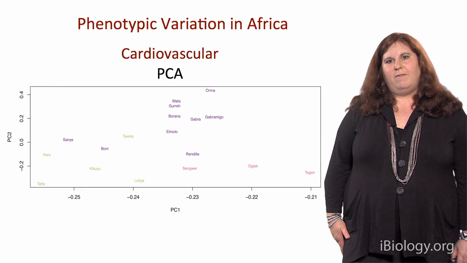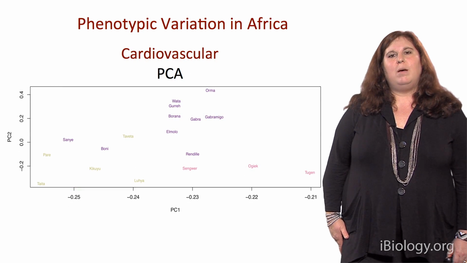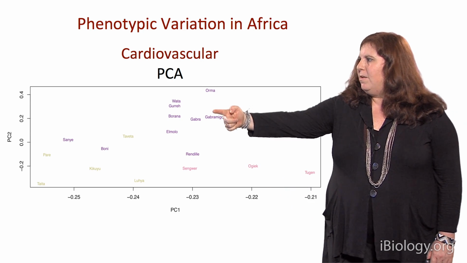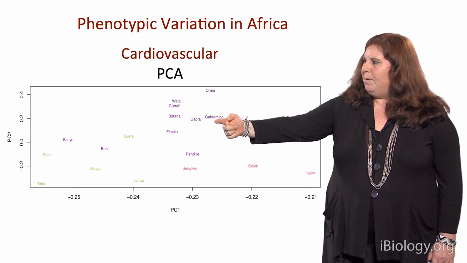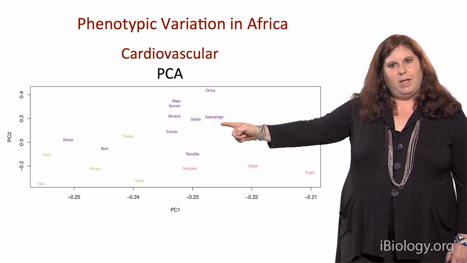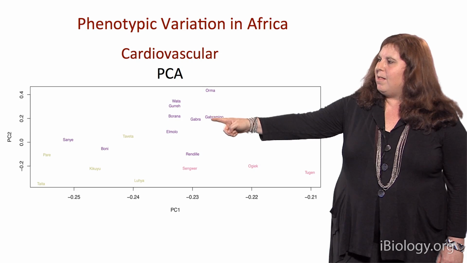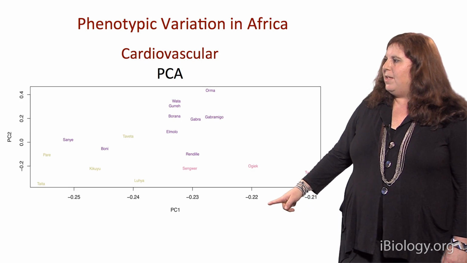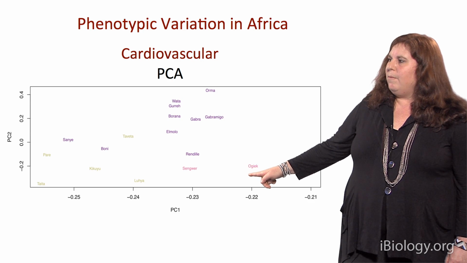Here are the results of a principal component analysis for a number of cardiovascular traits. And these are different populations. If the populations cluster close to each other, it means that they're very similar for these traits. And we've color-coded them based on shared language and ethnicity. And what's interesting is that they tend to cluster based on language and culture.